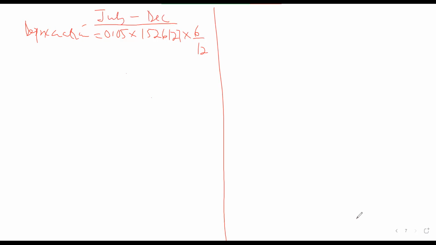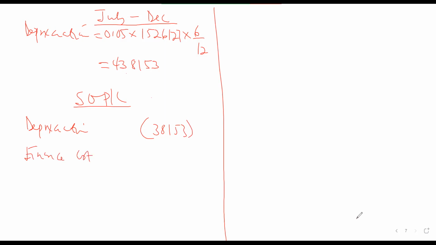So times 0.05 divided by 2. I'm getting 38,153. Is that correct? So in the statement of profit or loss, you have a depreciation of 38,153.